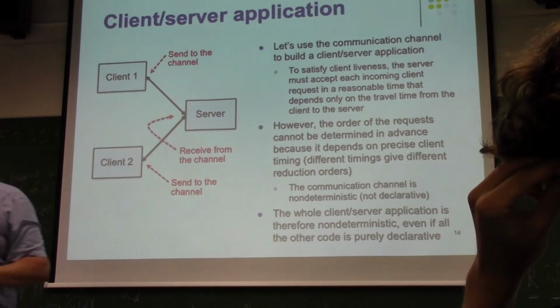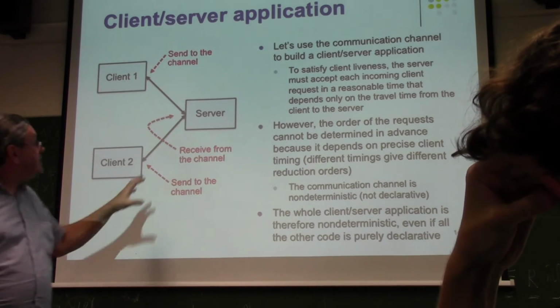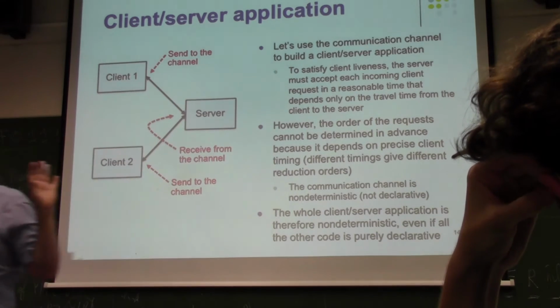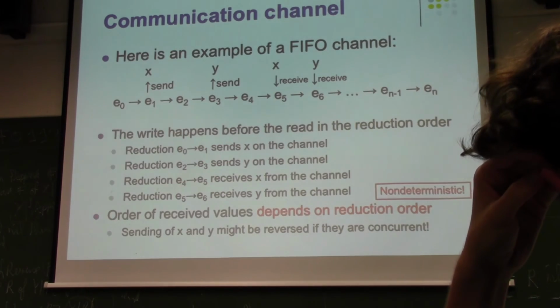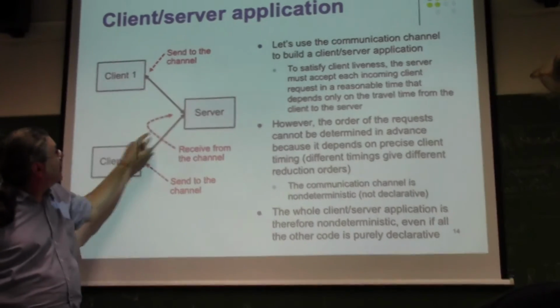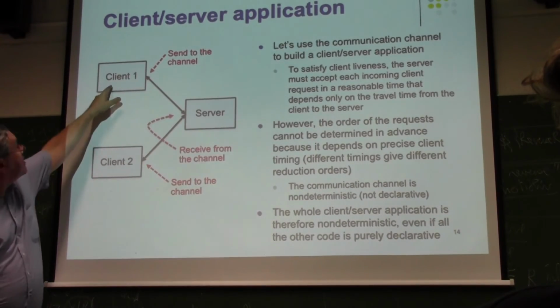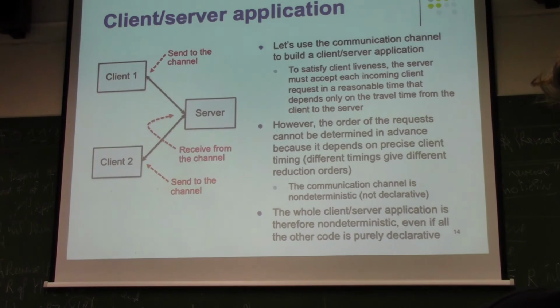So even then, client 2 maybe comes first. Okay? So this is an example of a communication channel. So this is exactly an example where it's using this channel here, right? There is actually a channel here from the clients to the server. The clients are sending into the channel, and the server is receiving from the channel. Okay?